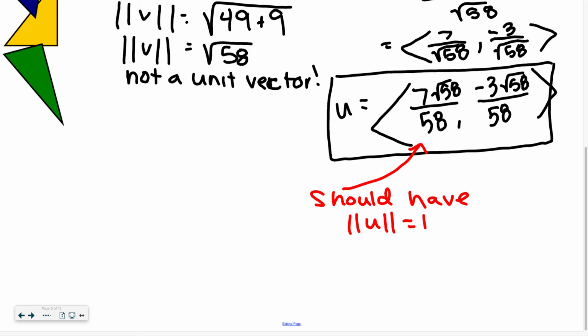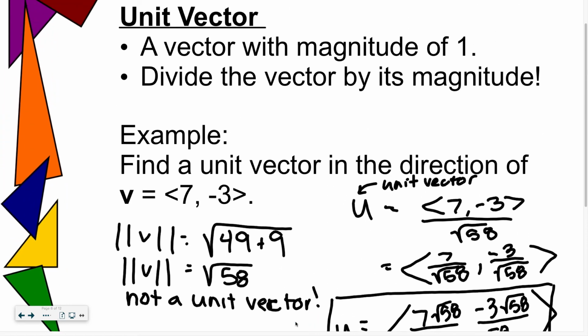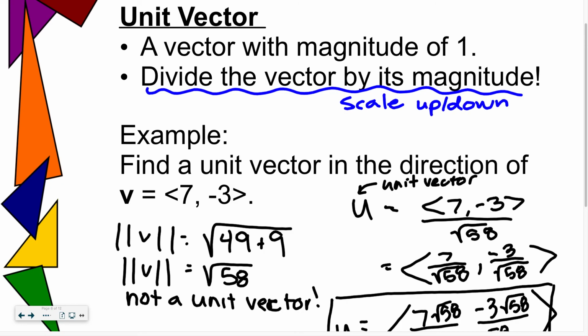You got any questions for me on the unit vector? Maybe square, highlight, or circle that second bullet point: divide the vector by its magnitude. You're trying to scale it up or down to 1.